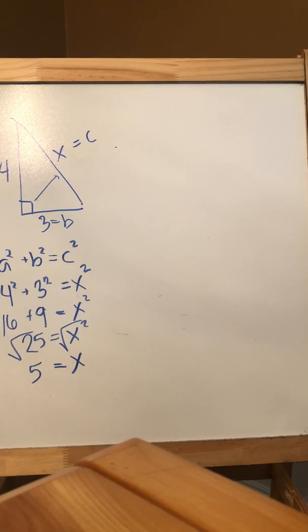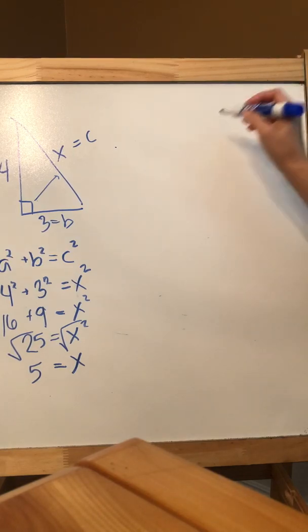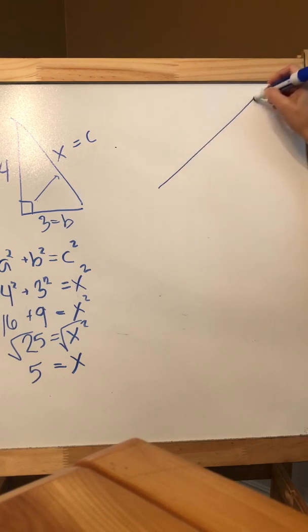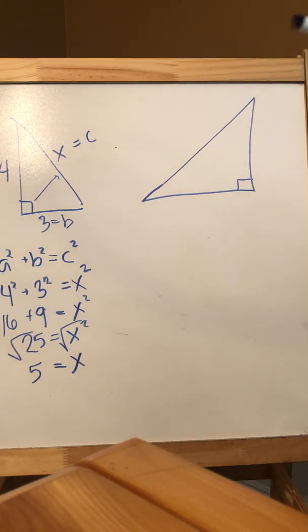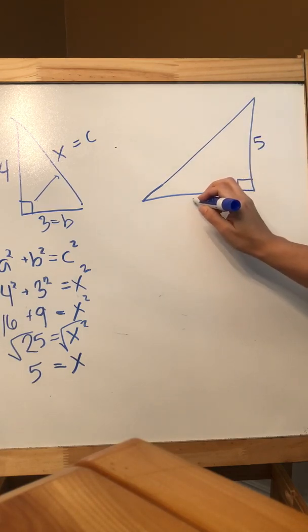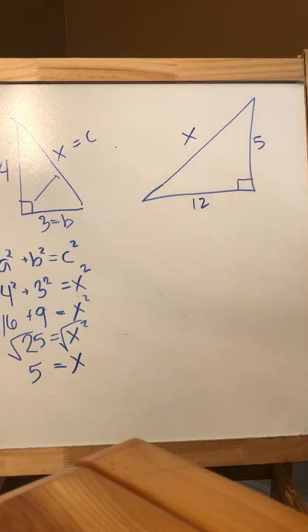All right, how about something like this? Let's see here. We have a right triangle, and we're going to go with, this is not drawn to scale, by the way, 5 and 12, and we don't know what x is.